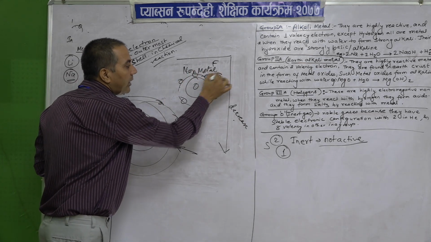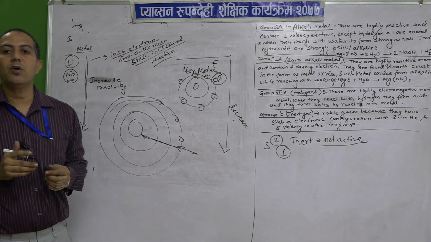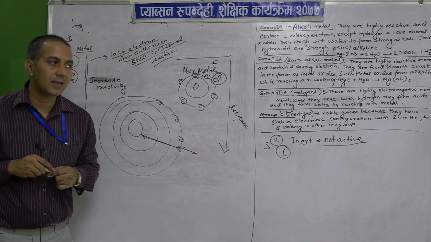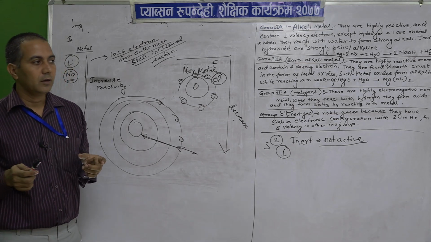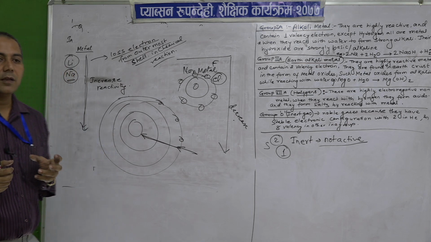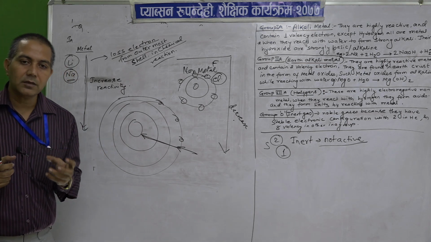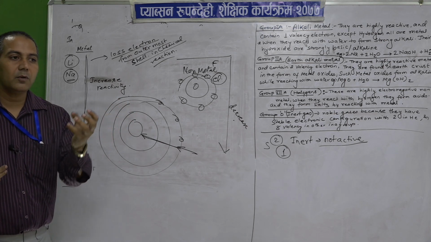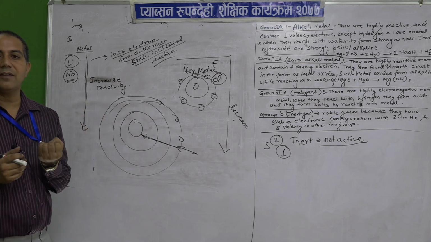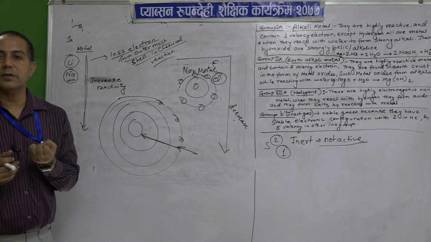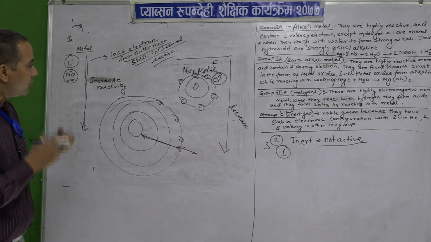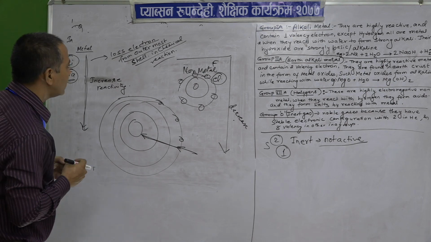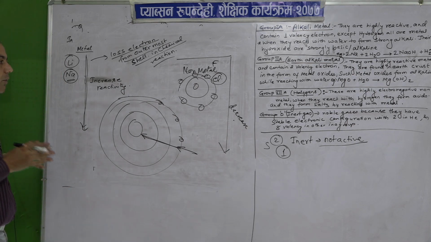Fluorine will be more reactive than chlorine, because the atomic radius of fluorine is less than that of chlorine. And when the atomic radius increases, the force of attraction of the nucleus towards the electron decreases.